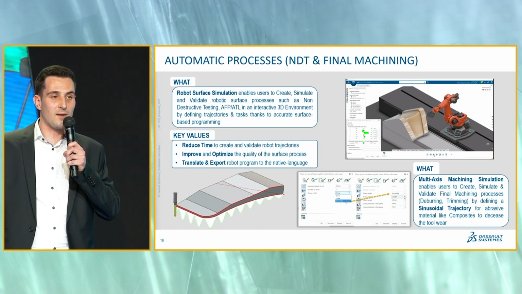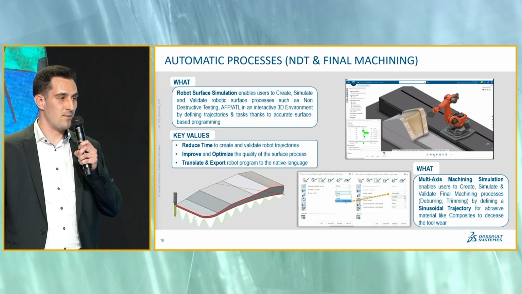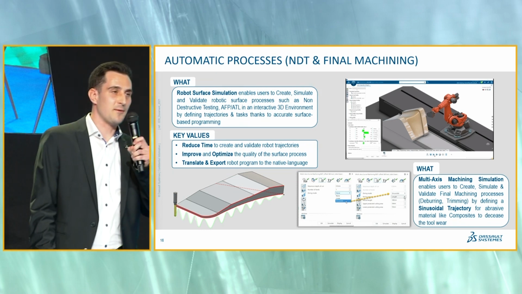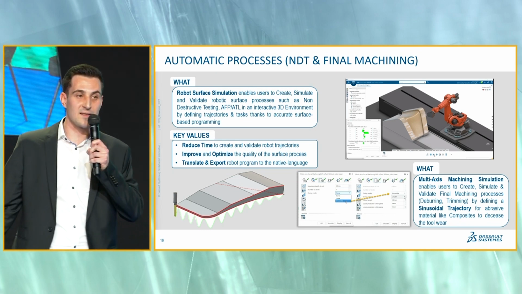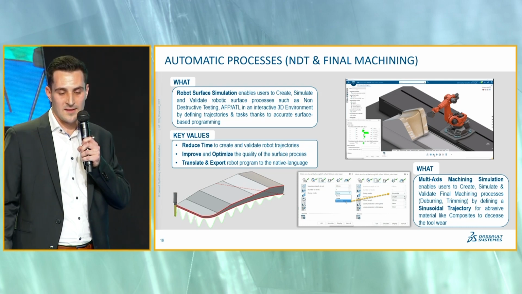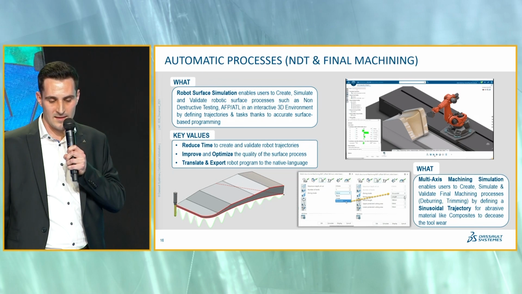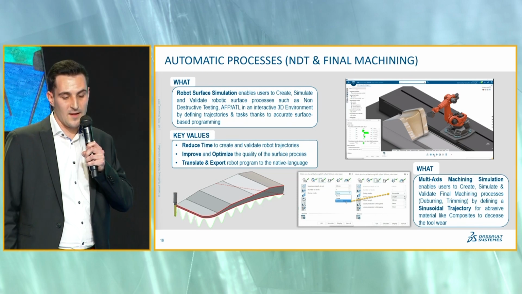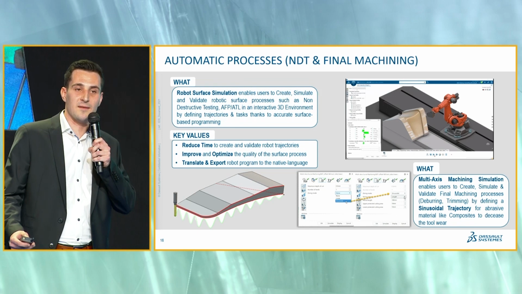For robots, all different kinds of robot manufacturers. And therefore, we use a database where we store all the robots. And then we can use those to create our trajectory for a robot, and validate the product in terms of quality.